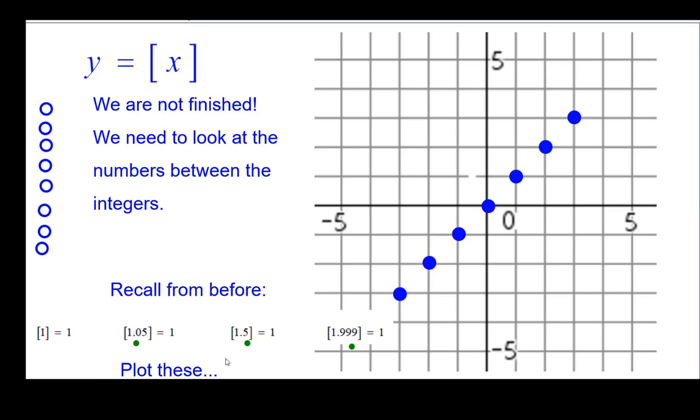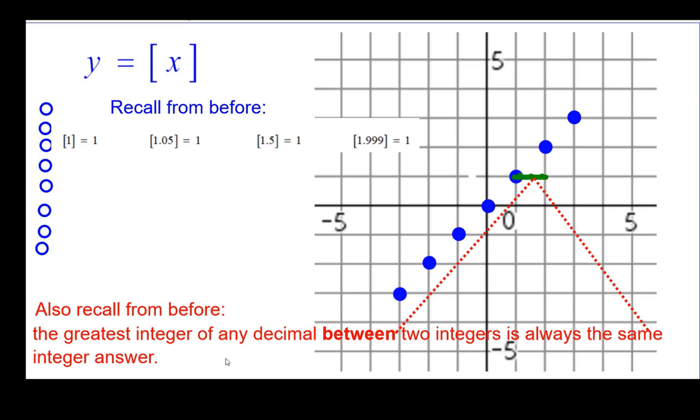That's over 1.05 and up 1. 1.5 is 1, so over 1.5, up 1. 1.999, almost 2, is 1. We'll plot that one. So in fact, all those numbers will have the same answer, so we're going to get a bar right there, a step, a green bar there.